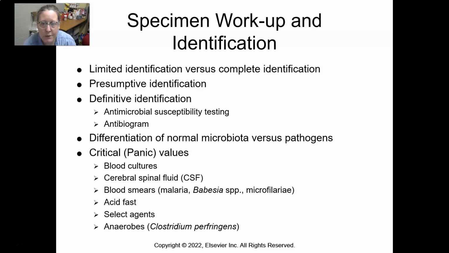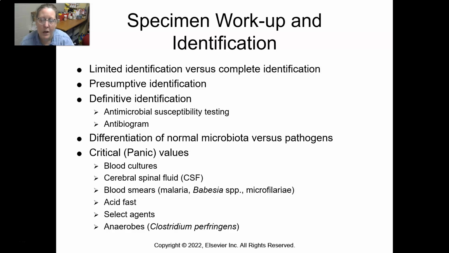We can do presumptive identification with some of the initial testing. So if we have a wound and we see some gram-positive cocci in clusters and they're catalase positive and coagulase positive, we can presume it's Staph aureus, so we can get that presumptive identification until we get further testing done.